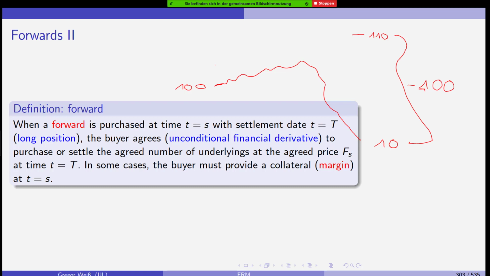Now, if you buy, say, 1 million of these forward contracts, you would make 100 million euros loss. As you can see, at some point you can already see, well, this is going bad.